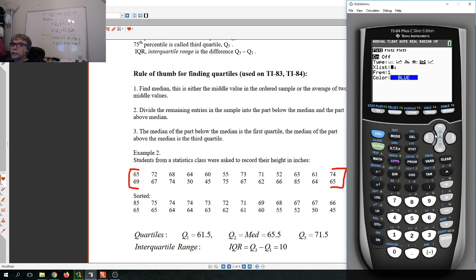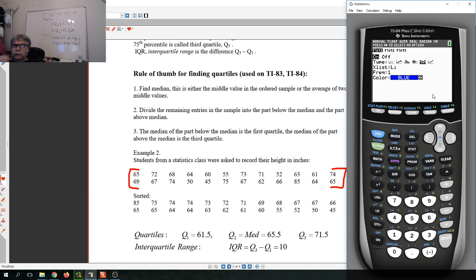So I have list 1 only for the X, no problem with any other list. I have a frequency list. Now you can put here list 2 if the frequencies are in list 2, or you can just keep the default here, which is 1. That means that every item in your sample occurs once. And it also offers you different colors that you could use for your box plot.